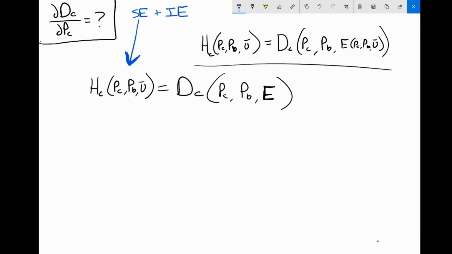So I need to be able to relate these two. Just a moment ago, I showed you how I can relate the compensated demand function to the uncompensated demand function.